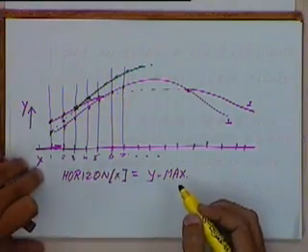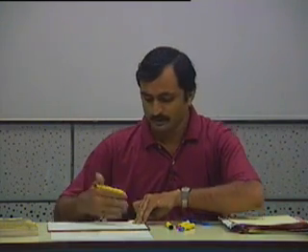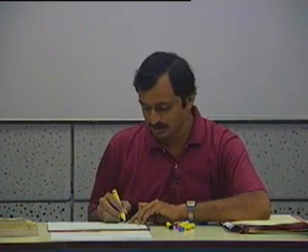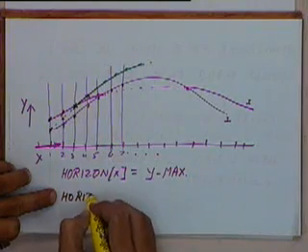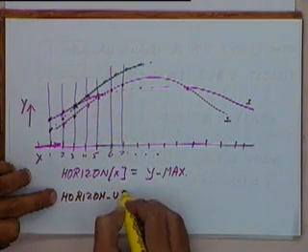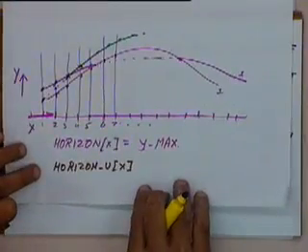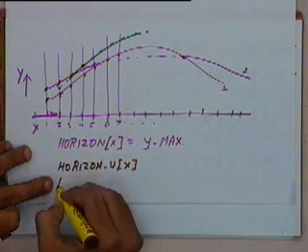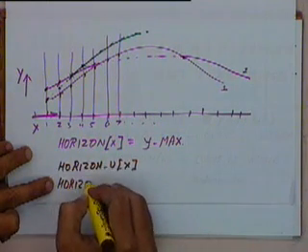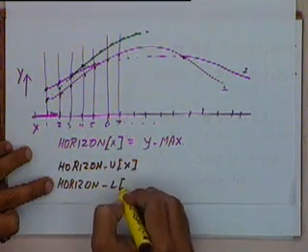But if it is not, then we also need to maintain the lower value of y which is visible. So if I maintain the lower value also, that means I maintain two horizons: horizon upper of x as well as horizon lower of x.